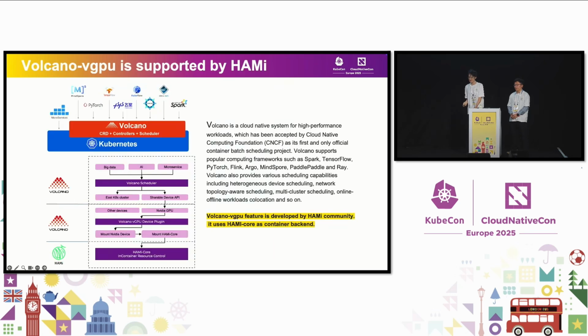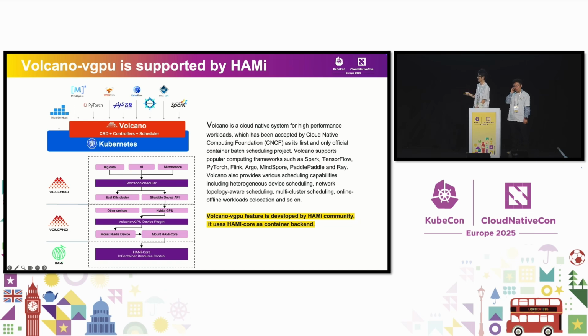Yes. And Volcano vGPU is supported by HAMi. If you use Volcano, if you go to their project, their slides have pages about Volcano vGPU, which is contributed by us. The HAMi community is responsible for the in-container resource control and leaves the rest of the scheduling process to the Volcano scheduler.